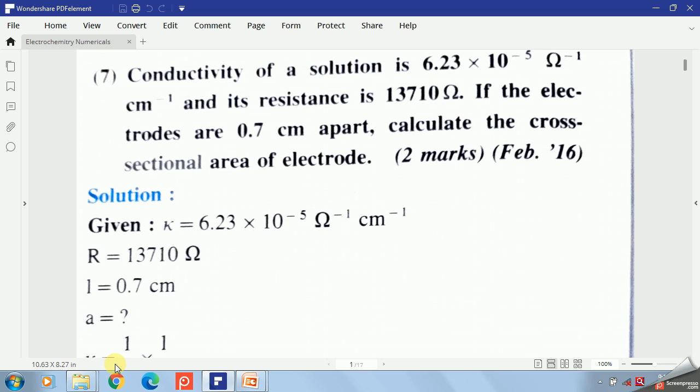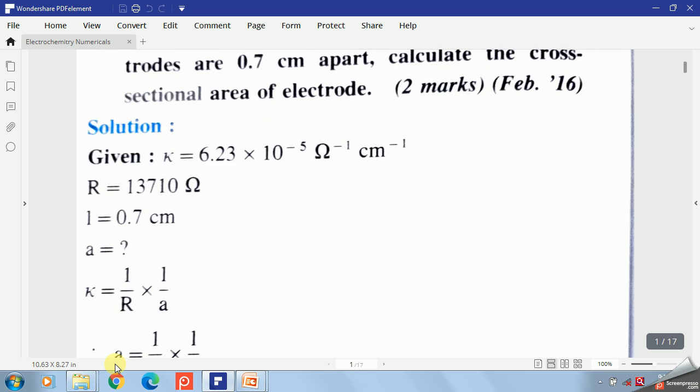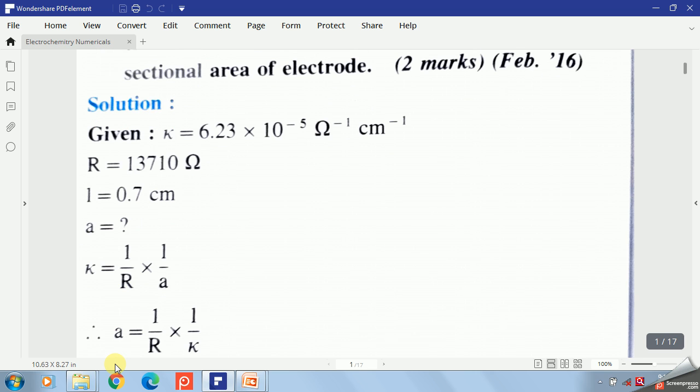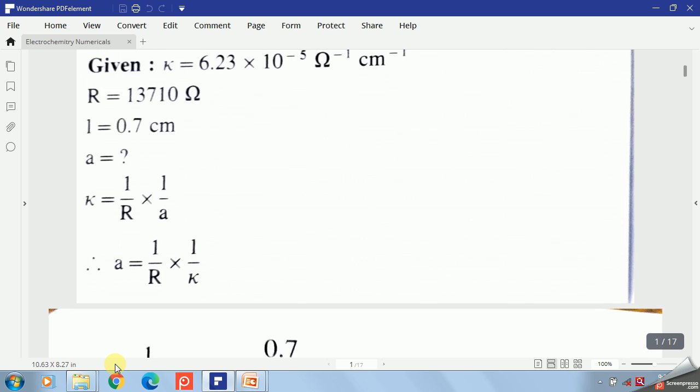So conductivity is equal to 1 upon R into L by A. You have to calculate A. So rearranging the formula, what we get? A is equal to 1 upon R into 1 upon K, or kappa. Substituting the values, A is equal to 1 upon 13,710 into 1 upon 6.23 into 10 raised to minus 5 ohm inverse centimeter inverse, and resistance in ohm.